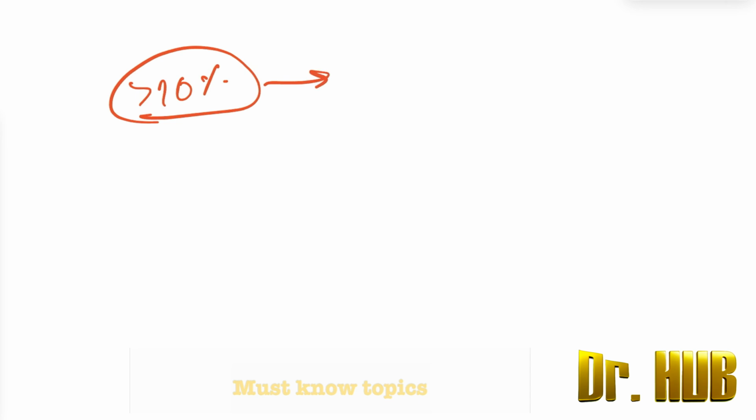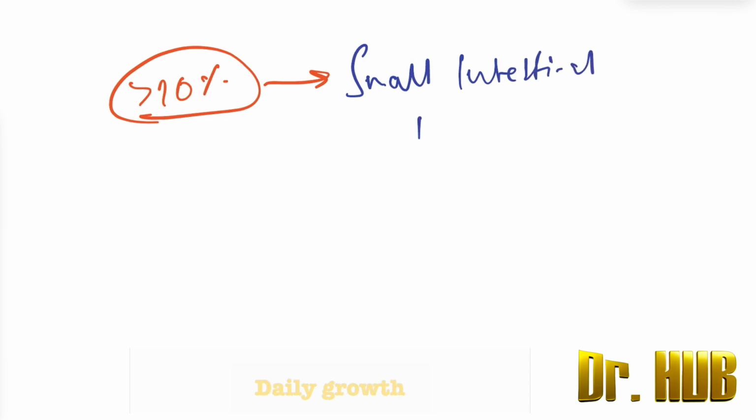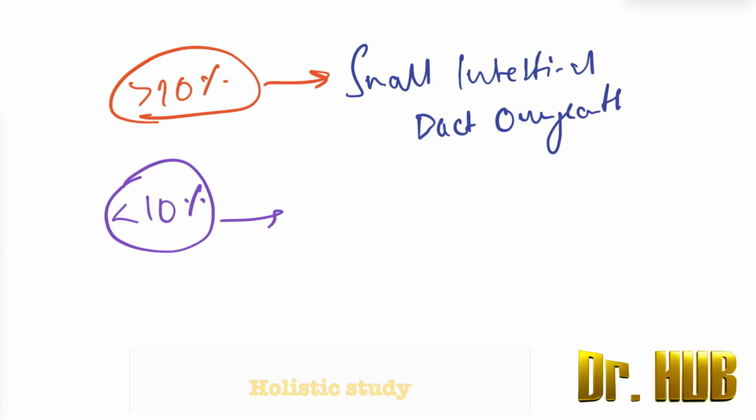If it is greater than 10%, we infer small intestinal bacterial overgrowth. If it is less than 10%, we move on to stage 4, S4.